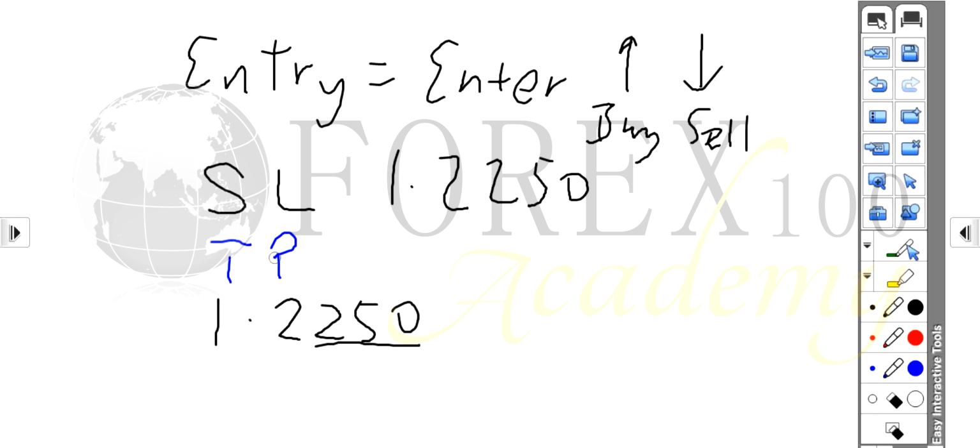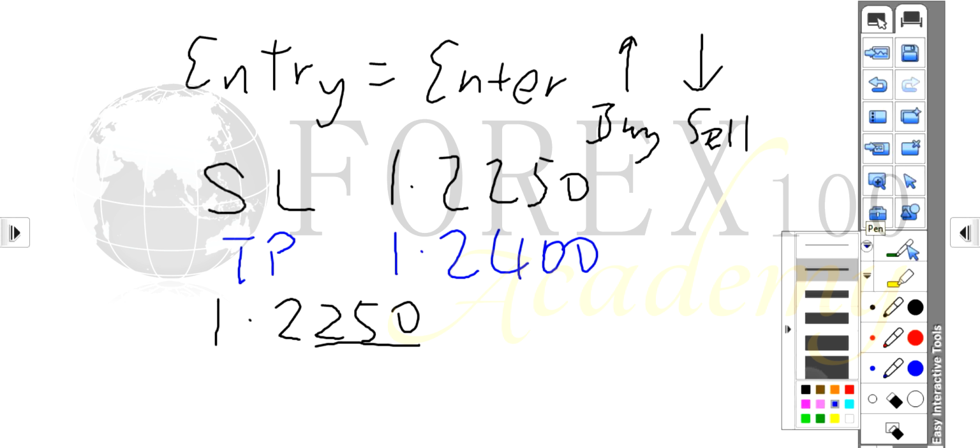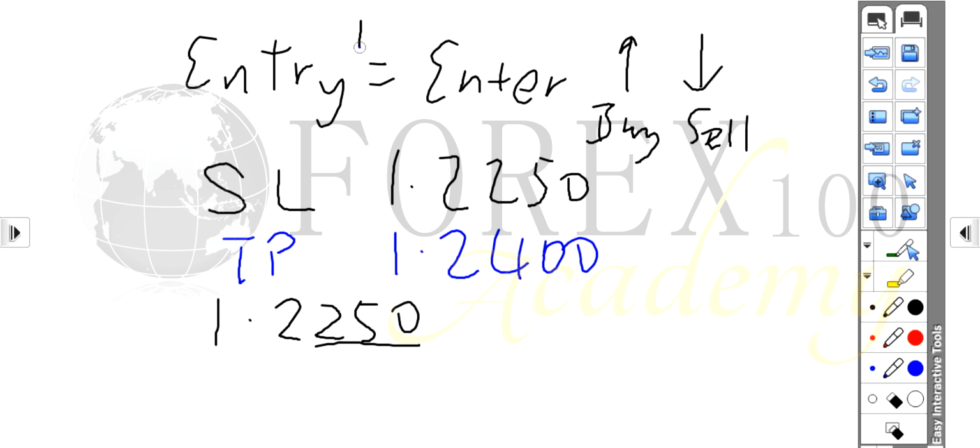Let's say you put your take profit at 1.2400, where previously your entry price is 1.2300, that will bring you to 100 pips of profit. So when the market has reached 1.2400, the broker will exit at the price that you have set.